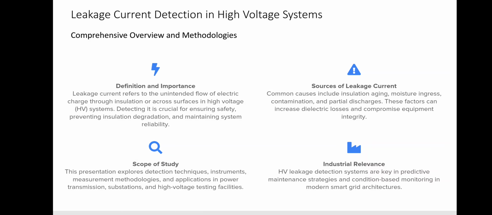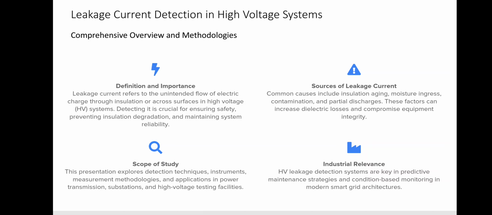Sources of leakage current. Common causes include insulation aging, moisture ingress, contamination, and partial discharges. These factors can increase dielectric losses and compromise equipment integrity.